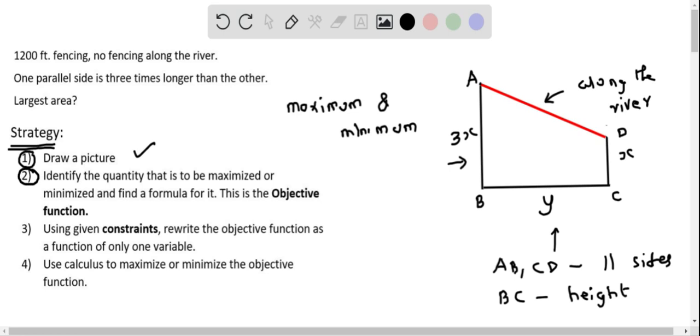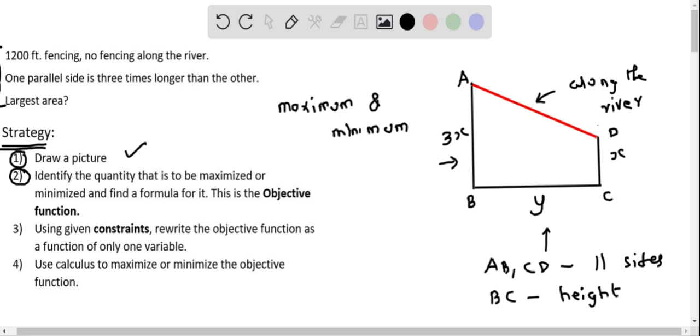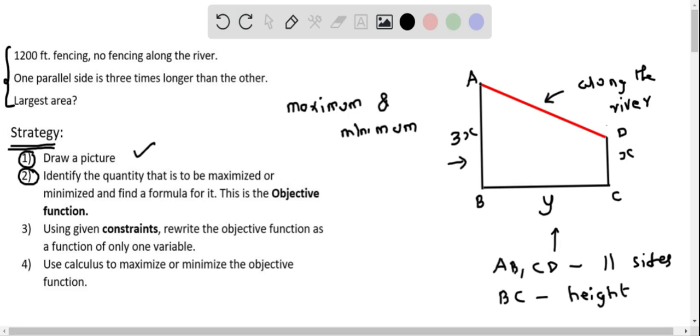In step 2, we have to identify the objective function, or basically the quantity which is the objective function. So if you look at the problem statement, we have 1,200 feet of fencing. So let's write a formula for the fencing. Oh, I'm sorry, that's actually not the objective function. It's clearly given in the question.